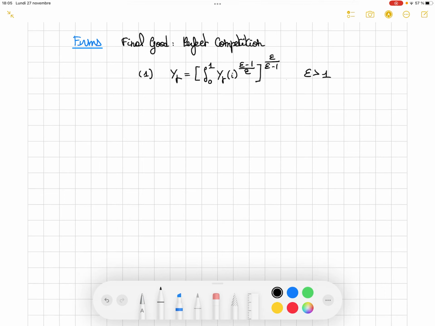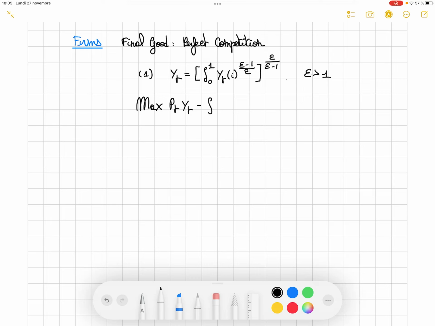Of course we make the hypothesis that the firms are optimizing profits. So that means that they maximize the price of the final output multiplied by the final output minus basically the total cost that she has. The total cost is of course the sum of all the varieties multiplied by their respective price.